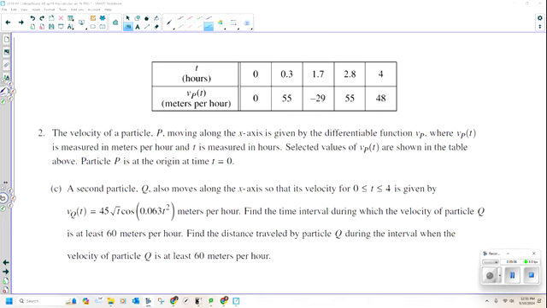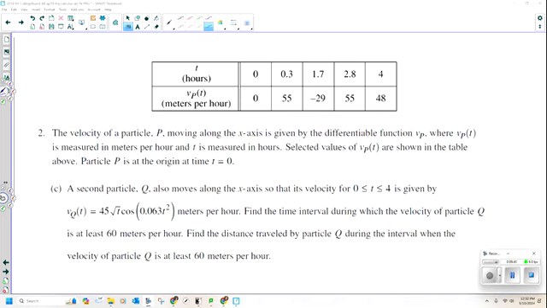All right, 2C looks like it's a little complicated, but let's check it out. 2C states, a second particle, Q, moves along the x-axis so that its velocity for time t between 0 and 4 inclusive is given by Q of t, 45 times the square root of t times cosine of 0.063 t squared meters per hour.